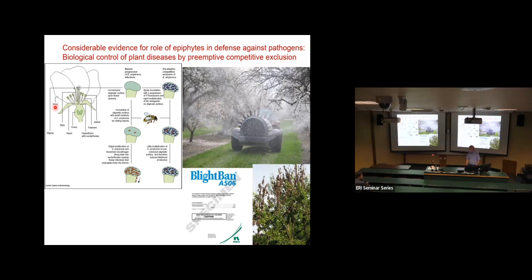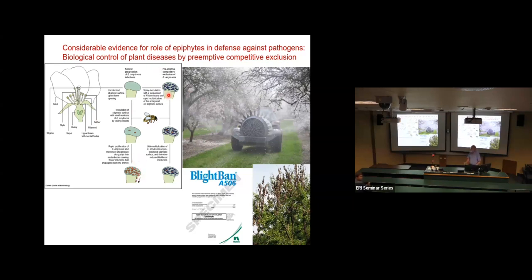A classic example of that would be fire blight disease of pears and apples, where the flower parts of plants emerge into the world nearly sterile. And this is something we're going to come back to in several different ways. The female part of the flower is basically sterile when it emerges, and then if the pathogen is brought to that open habitat by an insect, in this case carrying the pathogen Erwinia amylovora, that pathogen can grow to high numbers, and disease is then very, very likely to happen.